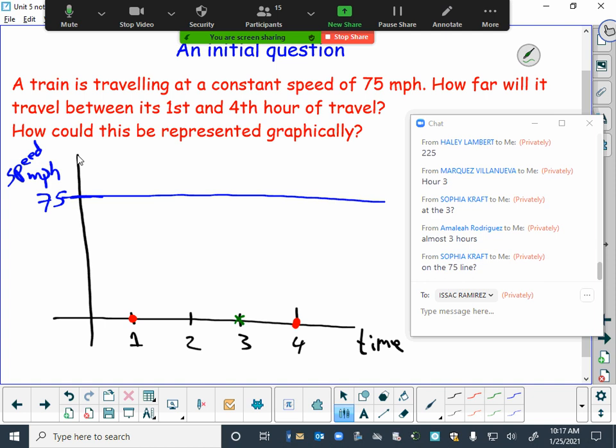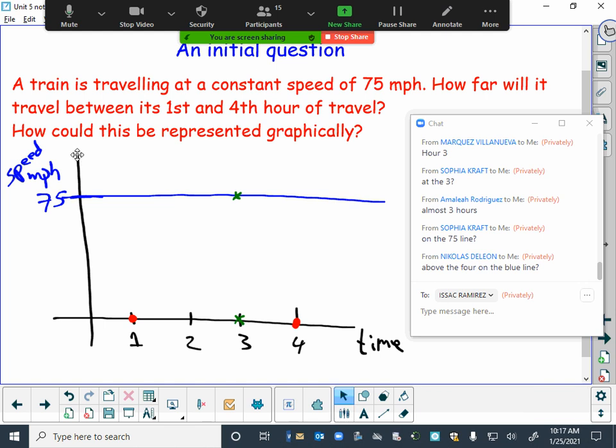On the 75 line, okay. Of the 4 on the blue line, up here. I'm still not exact. I see 75s there and 3s and 4s. I'm not seeing a 225 just yet.